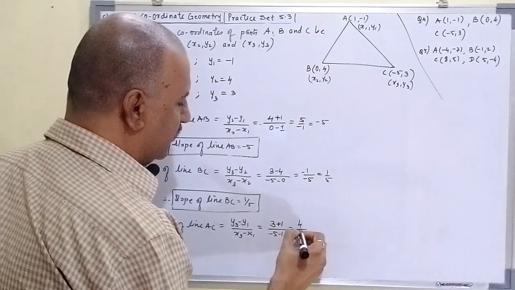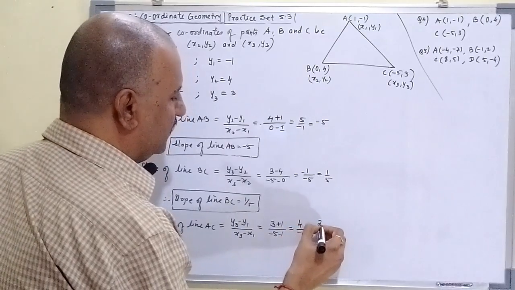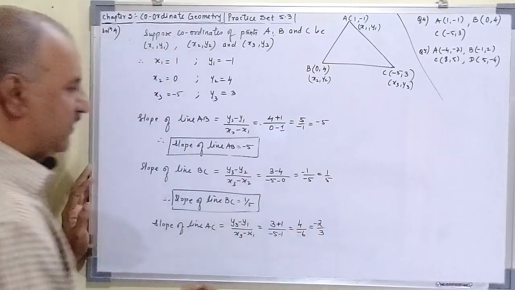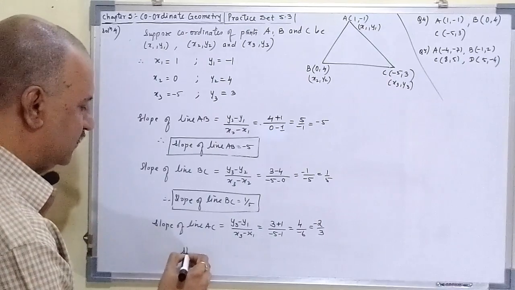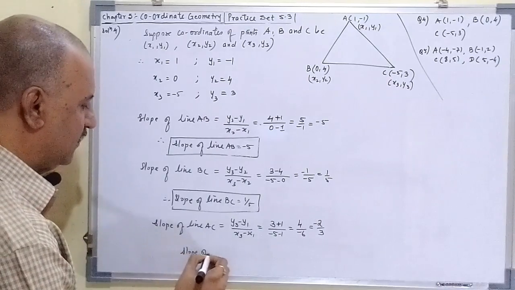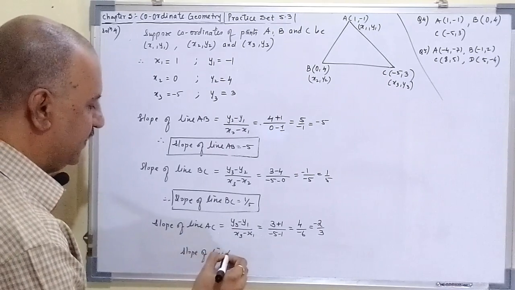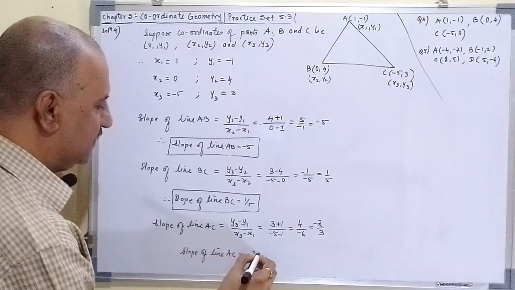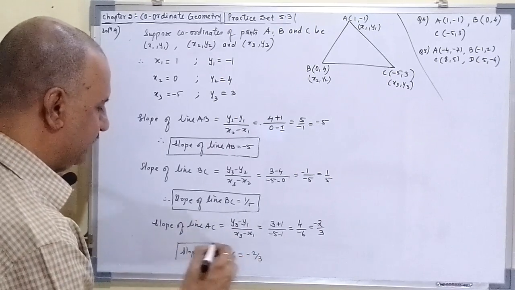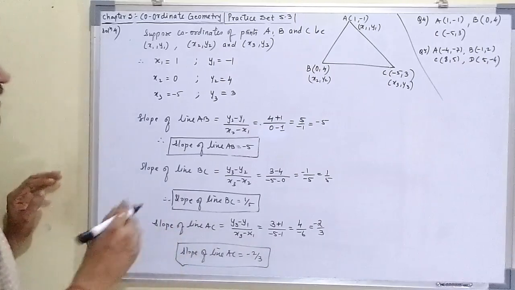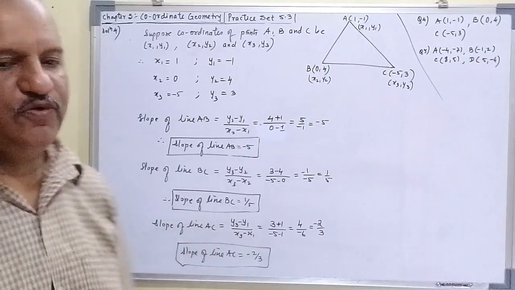So it is 4 upon minus 6, which is minus 2 upon 3. So slope of line AC is minus 2 upon 3. So we completed question number 4.